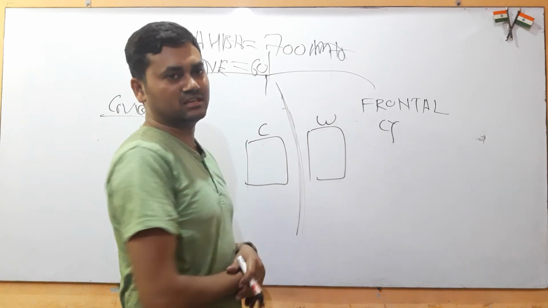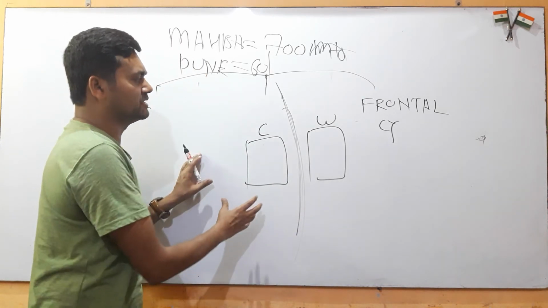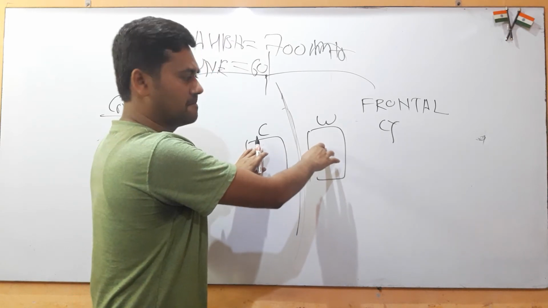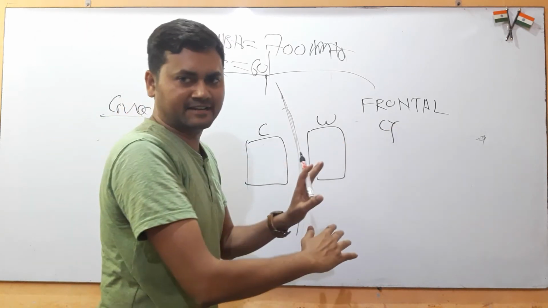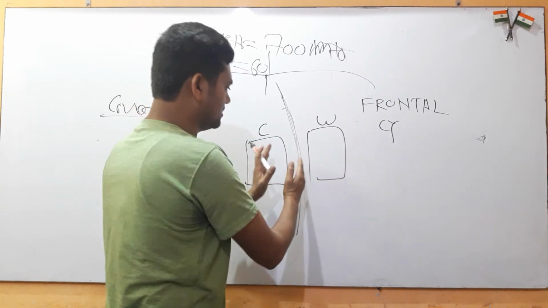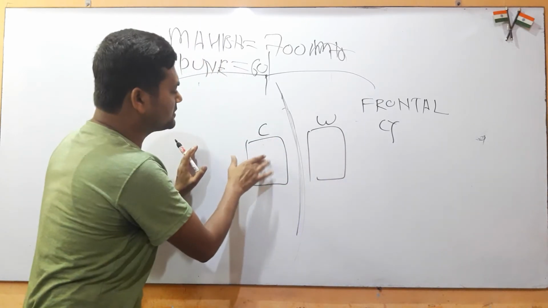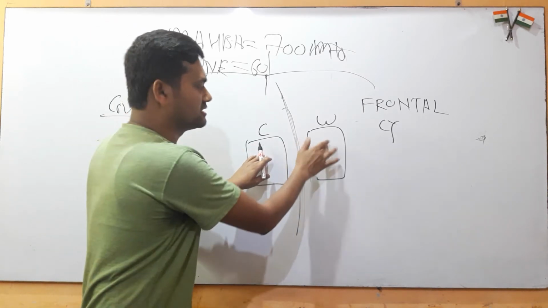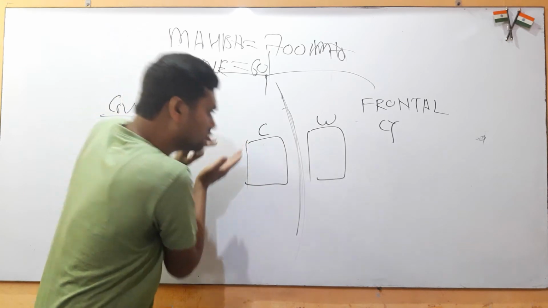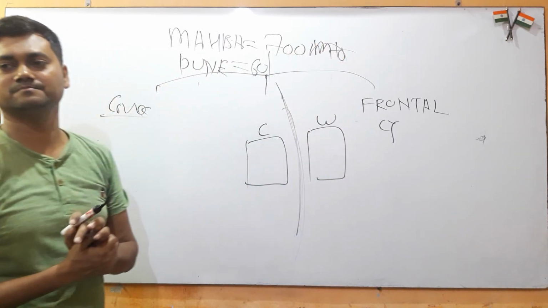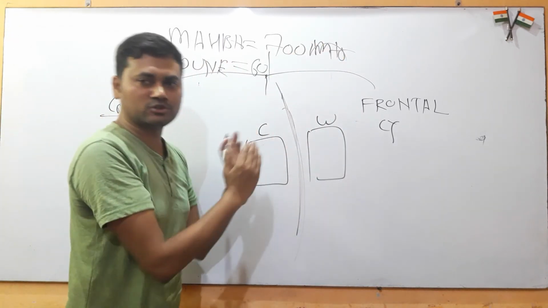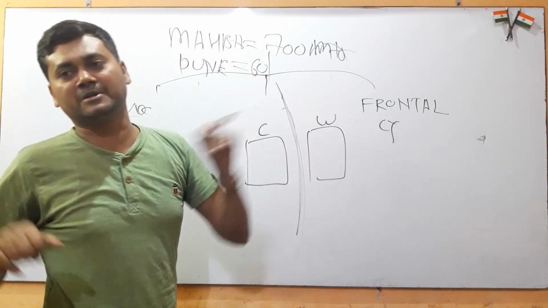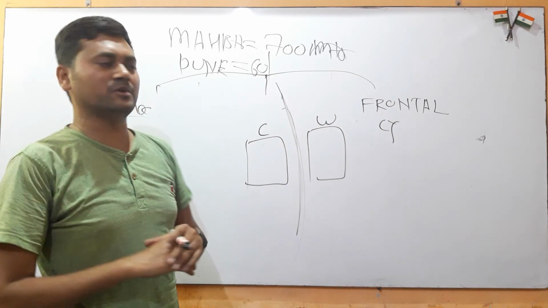When they come together, sometimes this is the colder air mass and this is the warmer one. Since they are colliding, they come in contact with each other. If the colder air mass is very active in comparison to the warmer air mass, it would push the warmer air mass, and the slope becomes very steep.